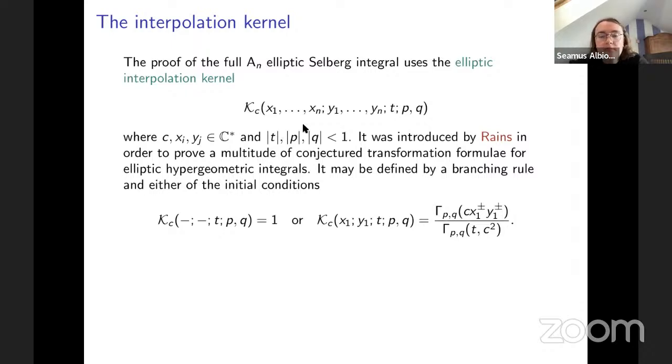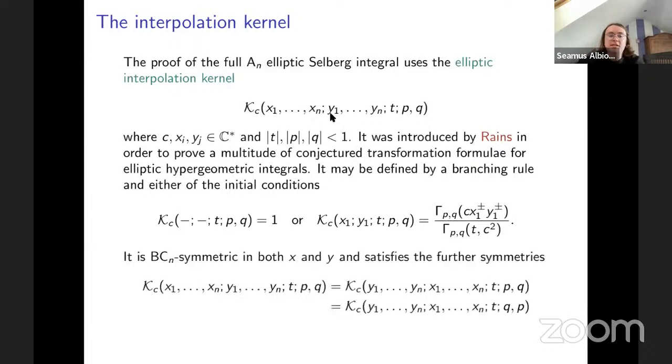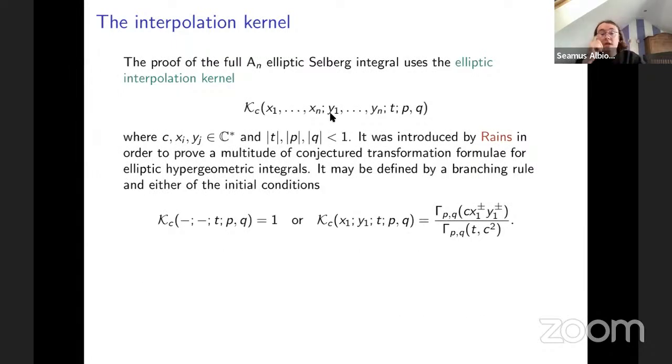You can define it essentially by a branching rule. So there's an expression for the kernel with two sets of n variables in terms of the kernel with two sets of n-1 variables. And you can choose the initial condition as well.